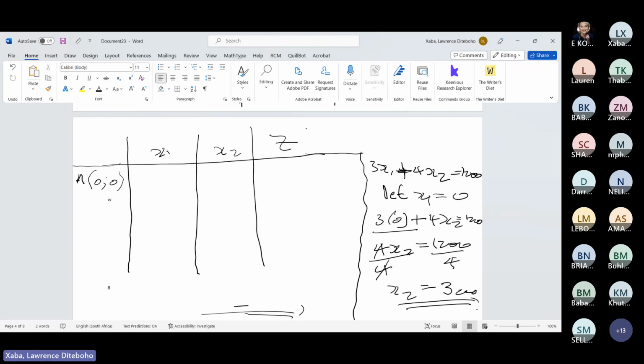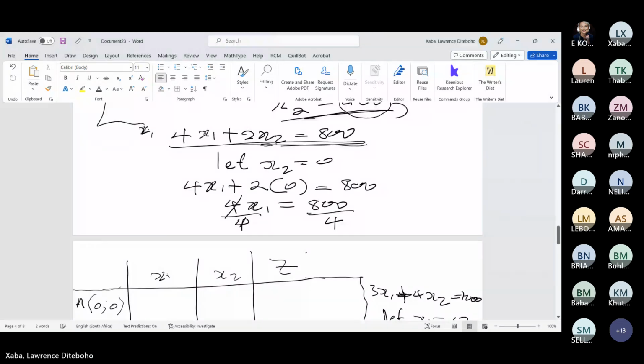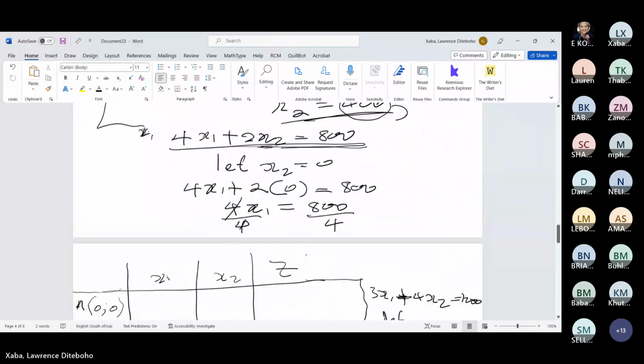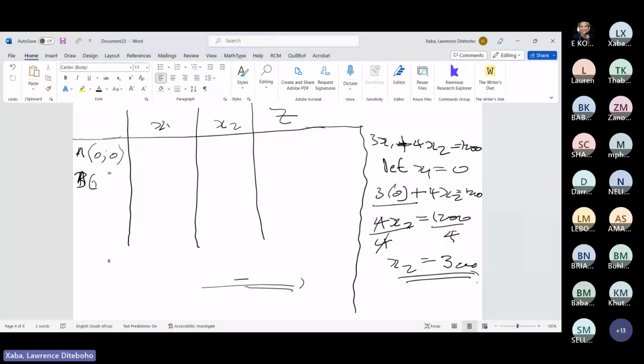A is 0, 0. B, if I remember well, is 200, 0. C is 0, 300. You'll correct me. And the last one, D, is 80, 240.